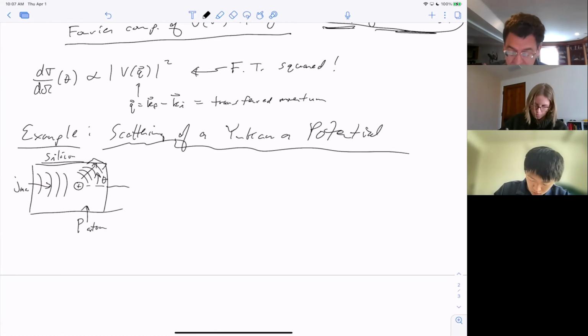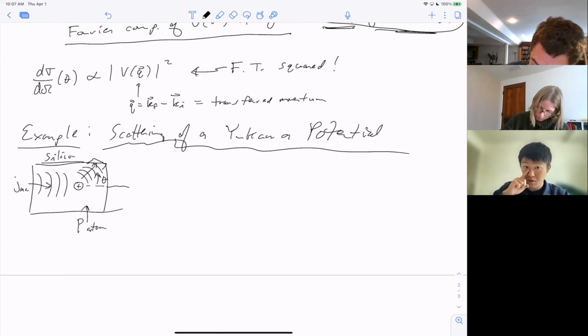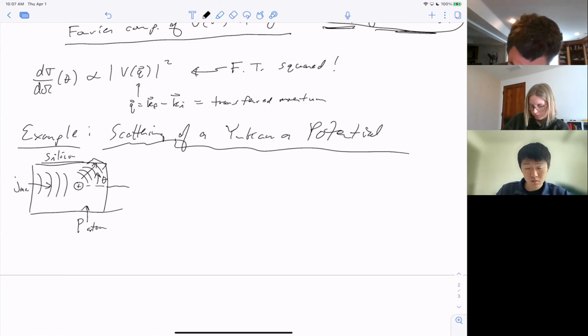This is a real problem that people actually think about, and you could use it to design some little electrical circuit. I want to know the probability for the electron to hit that impurity atom in my electrical device and go at a particular angle. That's an actual question you might really worry about. So I want to know how many electrons go into that angle.